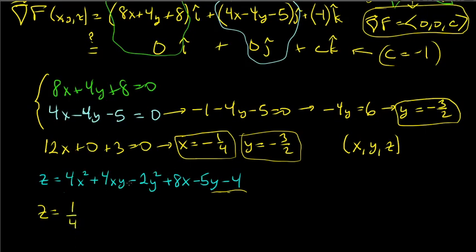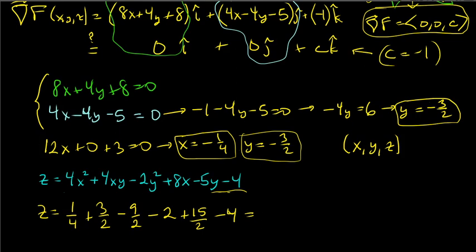This is going to be negative 1 times negative 3 over 2, so that's plus 3 over 2, minus 2 times 9 over 4, so minus 9 over 2, and then minus 2, and then plus 15 over 2, minus 4. Just go to your calculator. I just don't feel like doing that by hand.